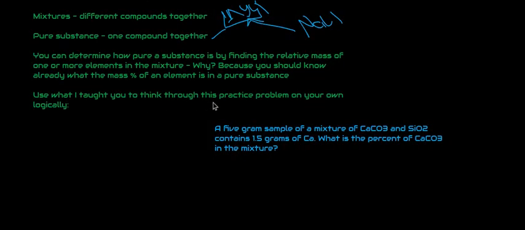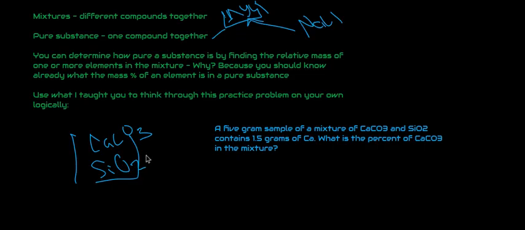Use what I taught you to think through this practice problem on your own logically. Okay, so I'm going to read it. A 5-gram sample of a mixture of calcium carbonate and silicon dioxide contains 1.5 grams of Ca. What is the percent of calcium carbonate in the mixture? So you have a mixture, CaCO3 and SiO2, containing 1.5 grams of Ca.